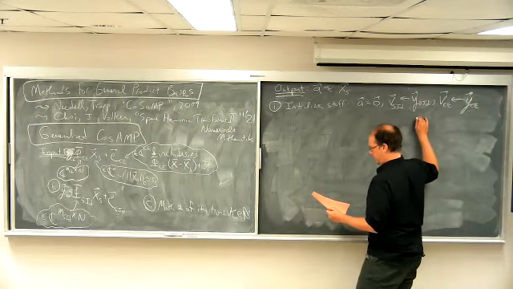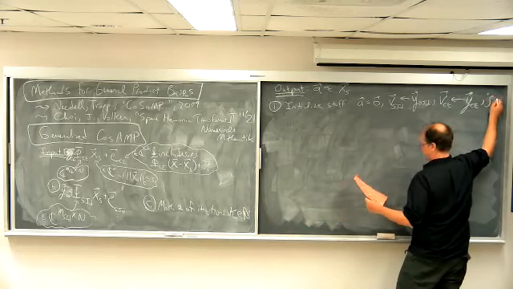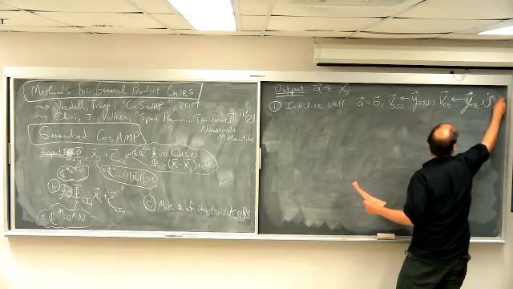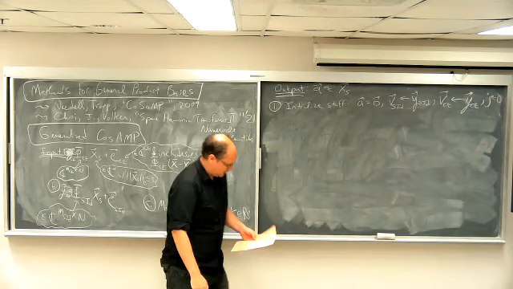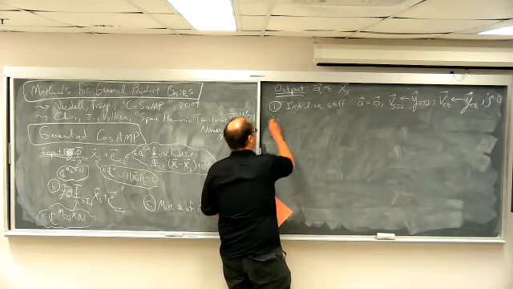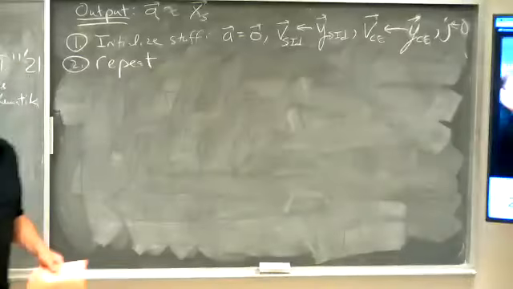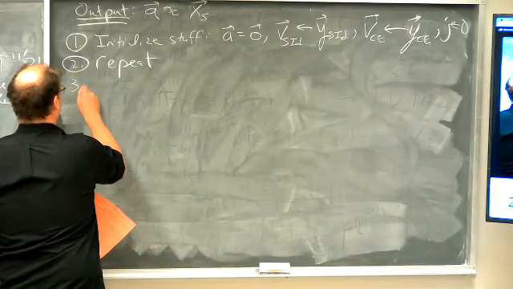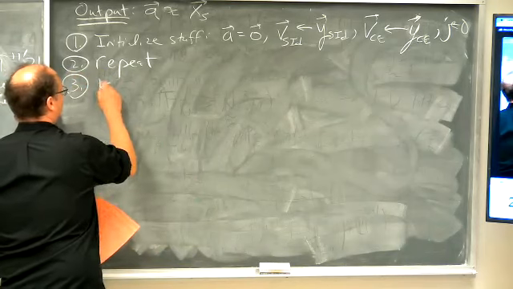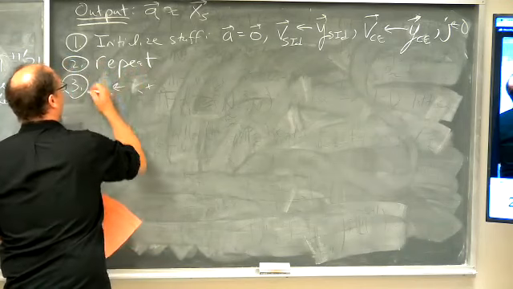And let me see, I want a number for my iteration. My iteration is going to start off at iteration 0. And then, what am I going to do? I'm going to repeat something until a victory condition happens. And what should I do? I should increment my current iteration.